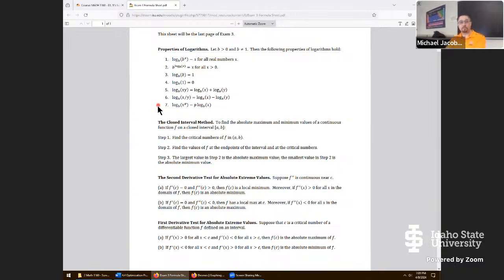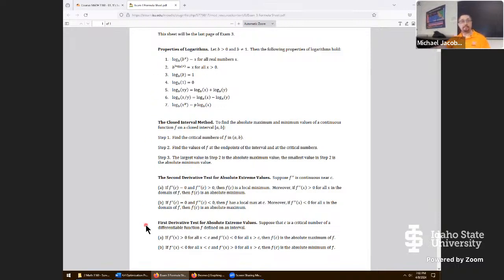It's not like every problem is going to use them, but if I recall correctly, there are at least 2 problems where you're going to need the properties of logarithms. And there's going to be one exact problem where you have to expand out your expression as part A, and then for part B, after you use the properties of logarithms, just differentiate whatever you have. So that's going to be the first thing provided.